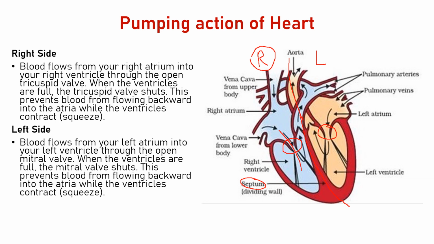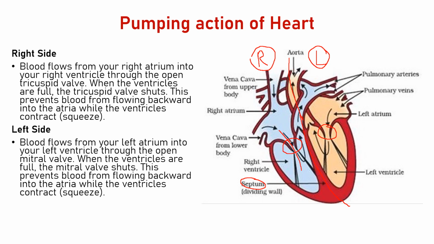So deoxygenated blood is present on the right part of the heart, and oxygenated blood is always present on the left part of the heart. Clear, children? In human beings, it is made sure by nature that the oxygenated and deoxygenated blood should never come in contact, right?